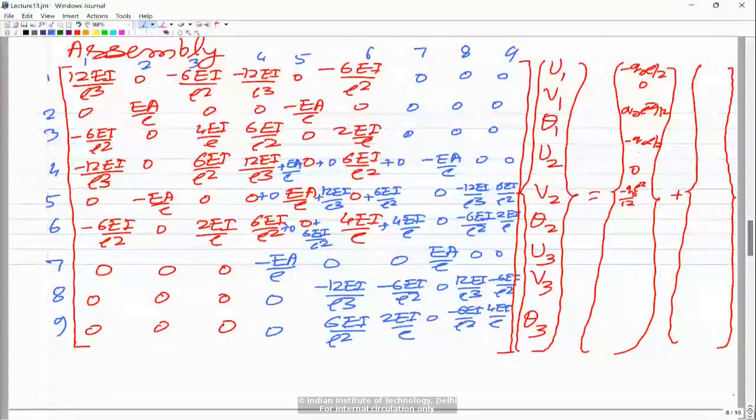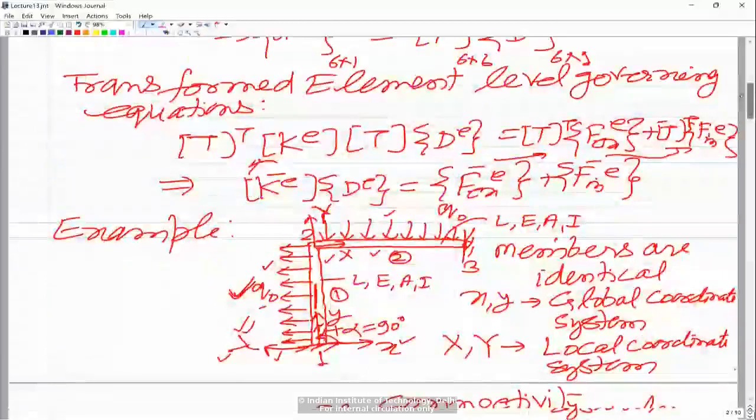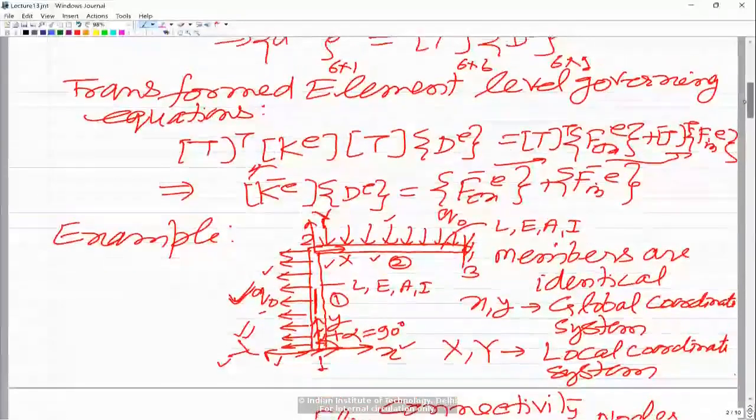So this will be 0, and then this will be minus q naught L by 2. The contribution will be getting added over here, and then the second term: the load is actually for the second element. The way I have given it, the load is negative because it is along the negative coordinate direction. So that is why that minus is there.